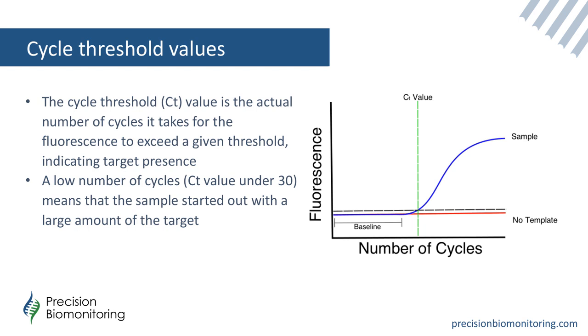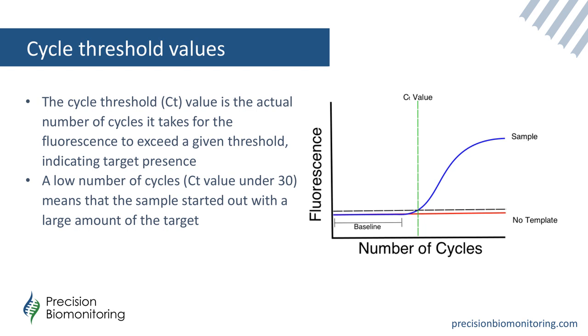So in very general terms, because these are mostly not quantitative assays per se, they're semi-quantitative in the sense that if you start out with a lot more of the target, you're likely to get that fluorescence coming up earlier in your number of cycles.